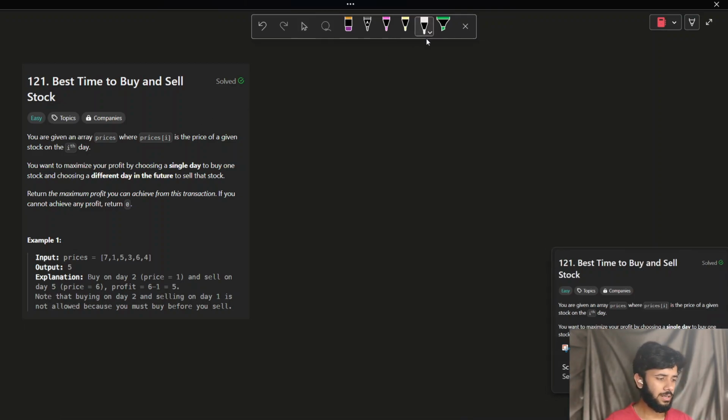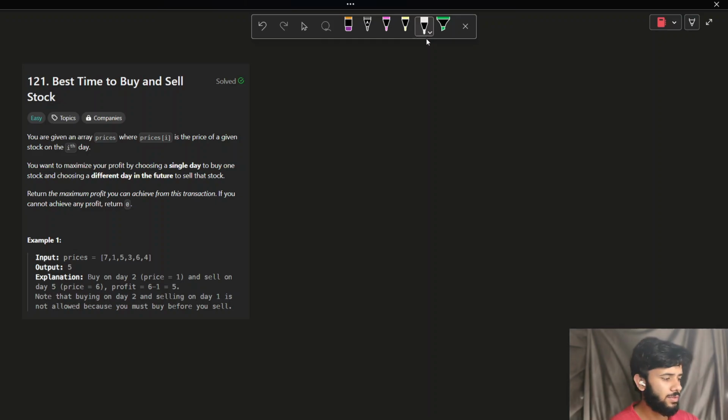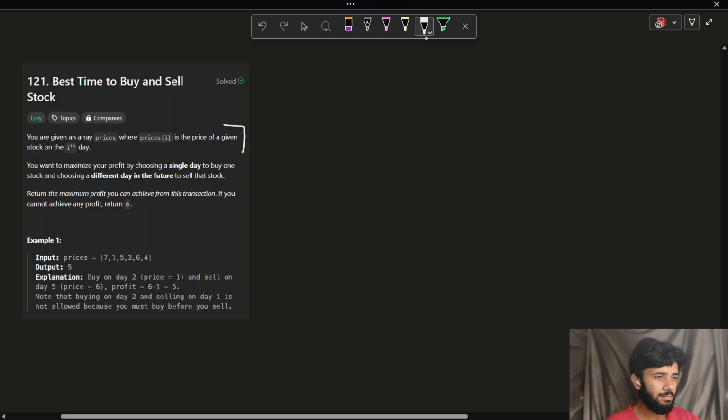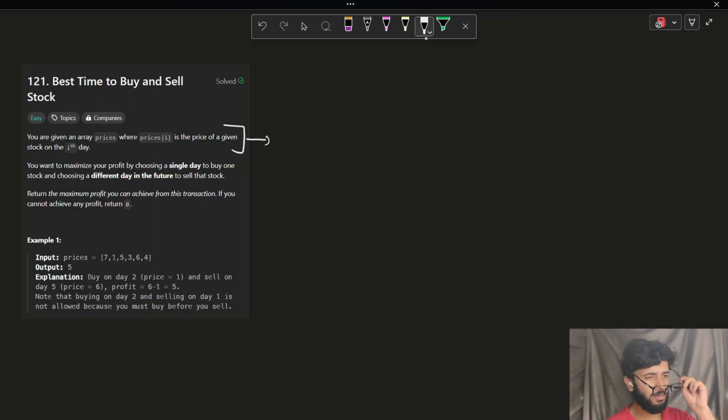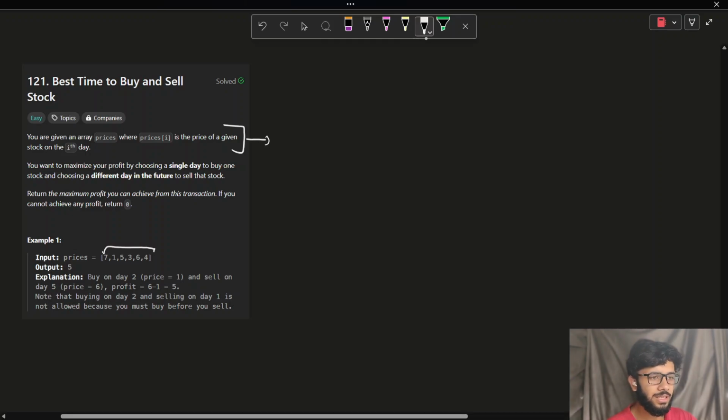Now let's get started with each of the steps which are given in the question. You will be given an array which is basically prices, where prices[i] is the price at the specific index for a stock. So an array will be given to us consisting of 7 digits.